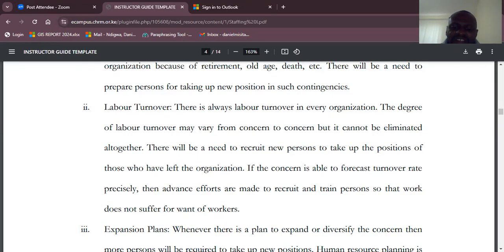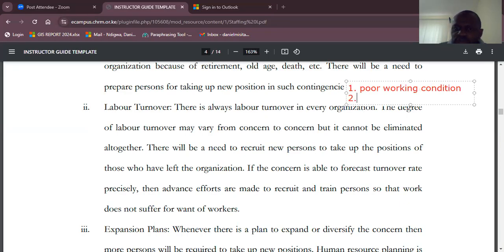Therefore, it becomes very difficult. So what are some of the reasons that might lead to high turnover of employees? Number one, we can say poor working condition.